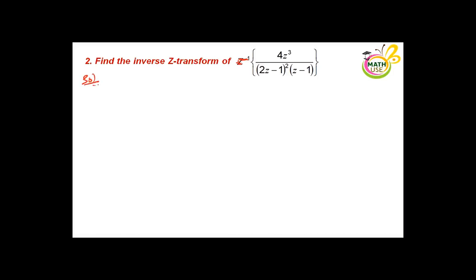Consider the given function as capital F of z divided by z equal to 4z square divided by 2z minus 1 the whole square into z minus 1. Since the denominator is already in factorized form, you need not factorize further. So you can take that term directly by applying the partial fraction method.